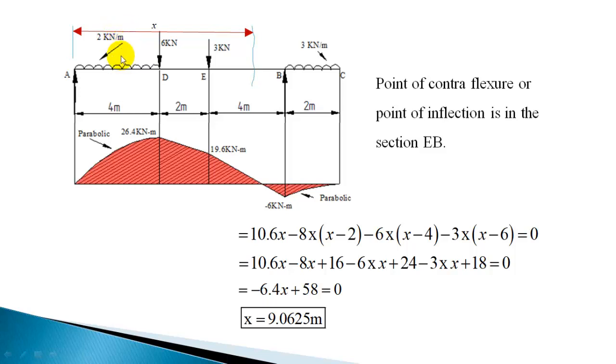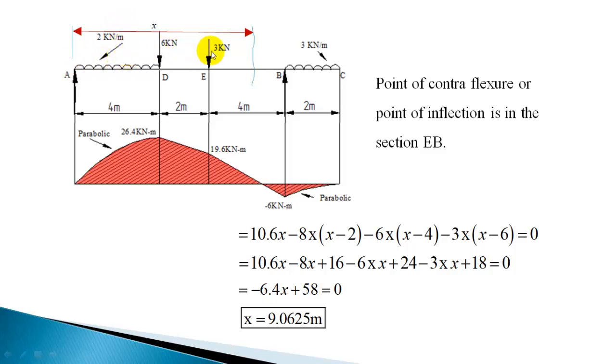From this 8 kilonewton, the total distance is x, you have to subtract 2 meter. The total is 4 meter, so the resultant load will act at a distance of 2 meter.